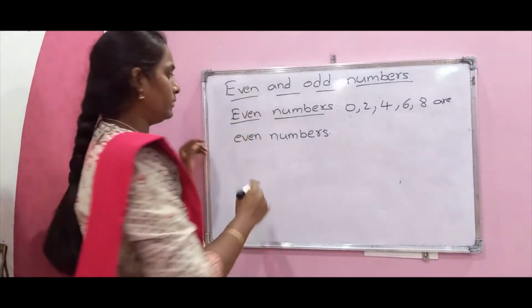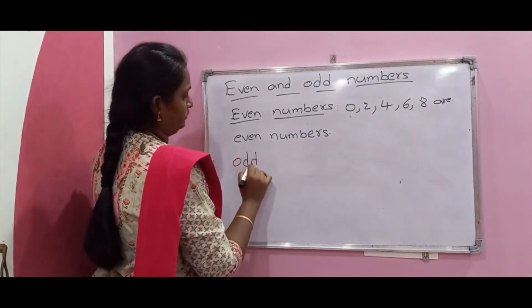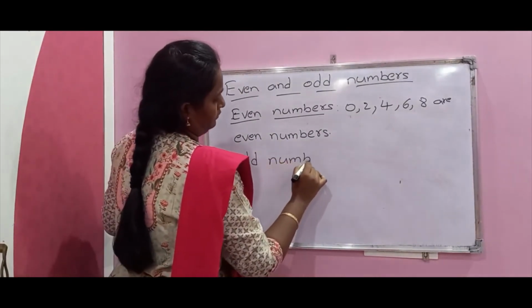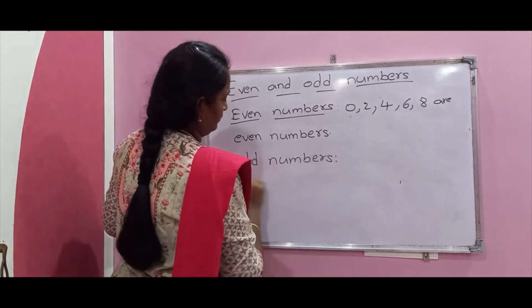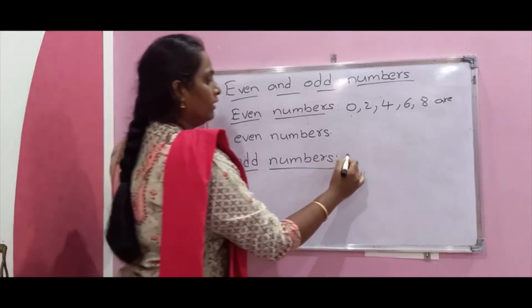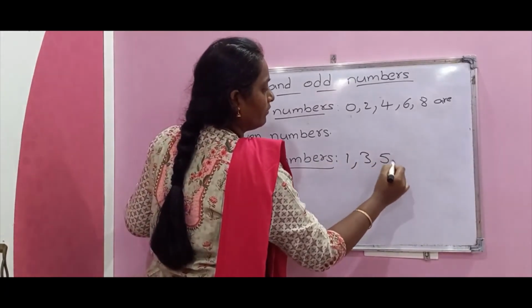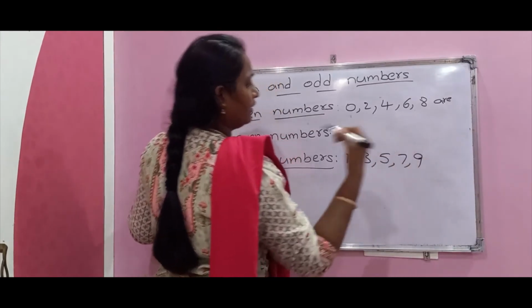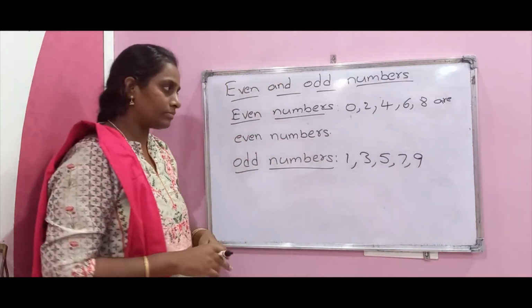What are the odd numbers? 1, 3, 5, 7, 9 are odd numbers.